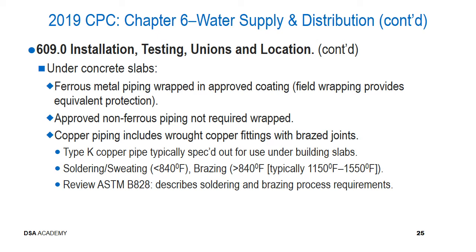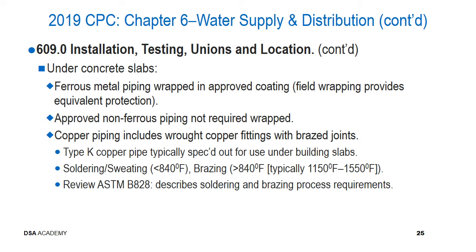Continuing with installation testing, unions, and location, when water piping is located underneath concrete slabs, of course the code requires certain things be done, and these will obviously be addressed in the plans and specifications, but we'll address them here as well. Ferrous metal piping has got to be wrapped in a protective coating, and field wrapping has got to provide the equivalent protection.